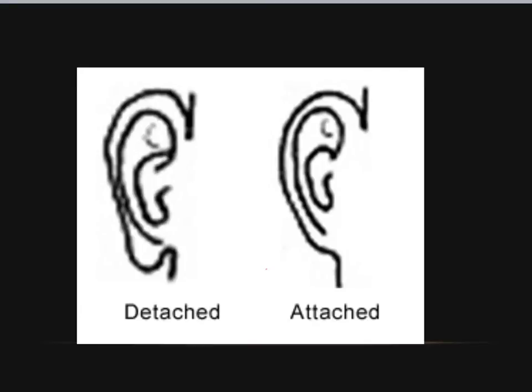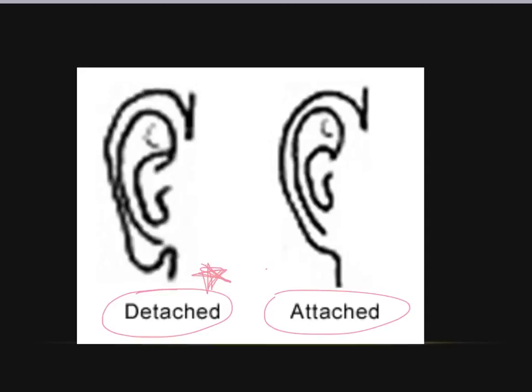One example of this we saw in class already was this idea of earlobes. If you remember back in class, with detached or attached earlobes, we saw way more earlobes that were considered to be detached.